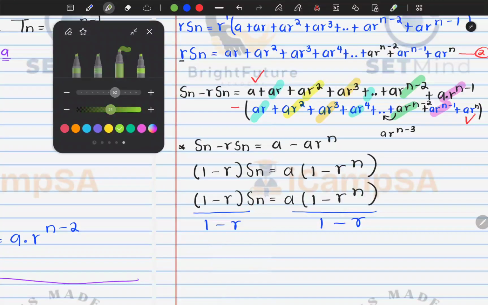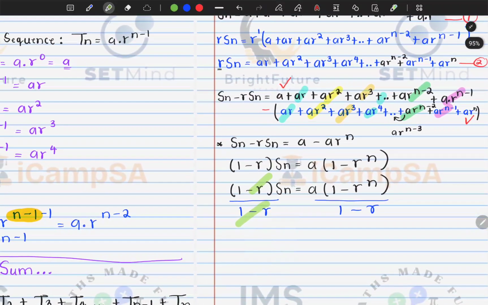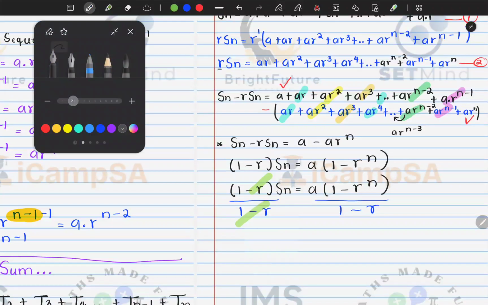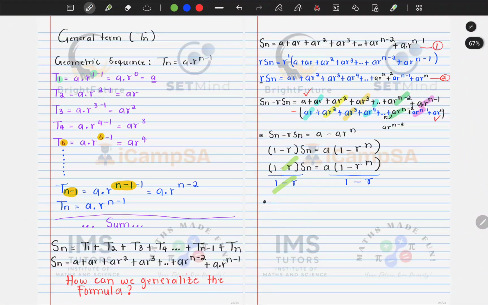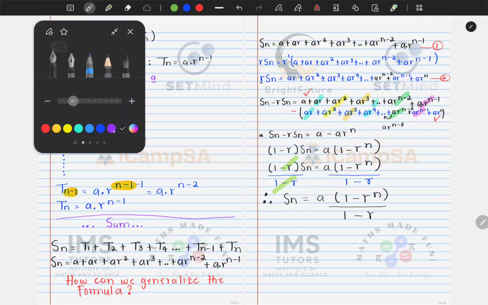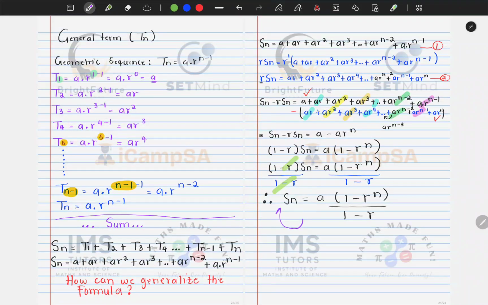And you will see there's nice cancellation this side. Therefore, the value of Sn is simply A(1 minus R^n) divided by (1 minus R). So this is the geometric sum formula, which we use very much in our geometric series.